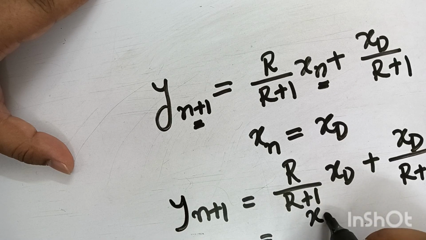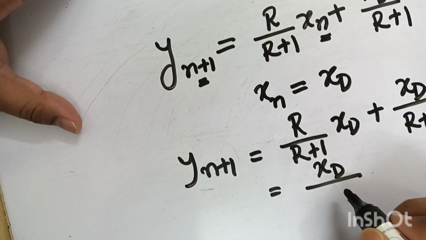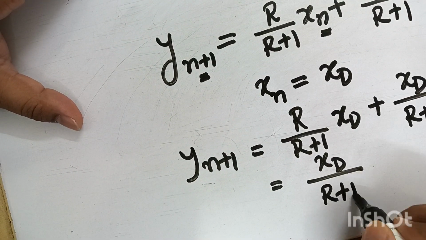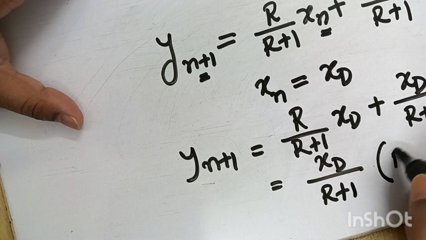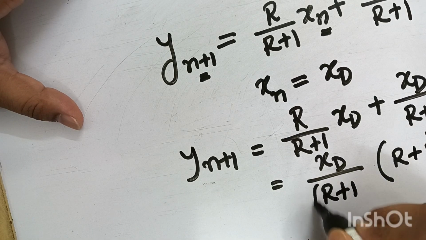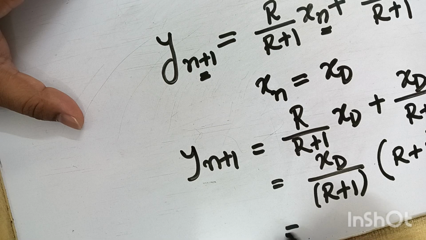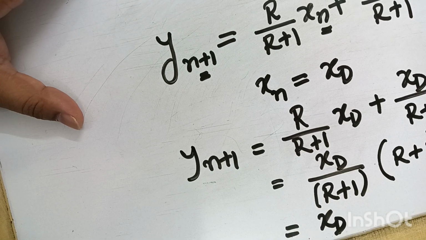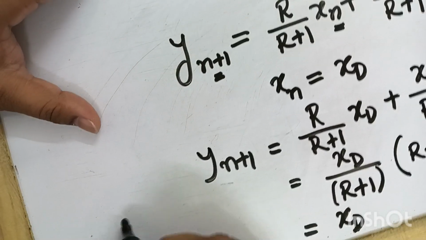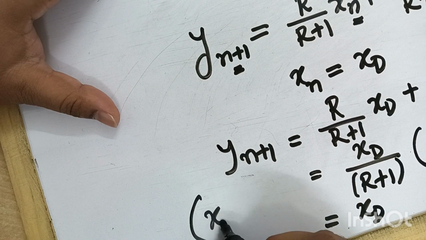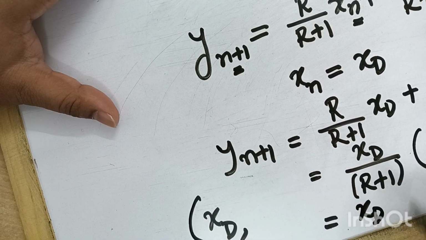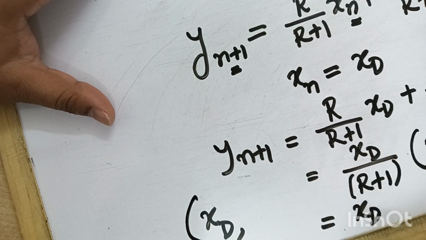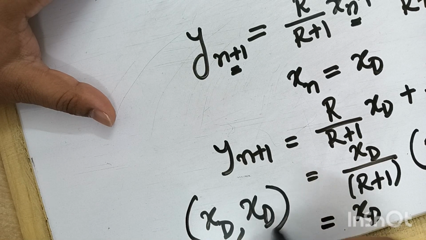You take XD over R plus 1 as a common factor, so it is R plus 1. So R plus 1 cancels out, and we get y(n+1) equals XD. So if the value of xn is XD, the corresponding value of y is also XD, okay?